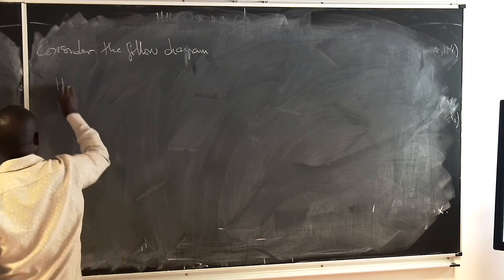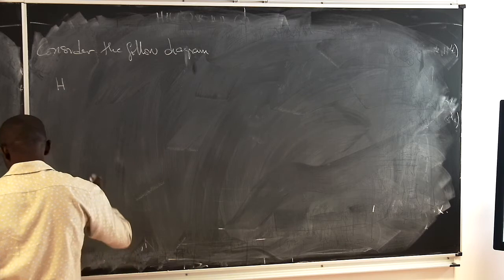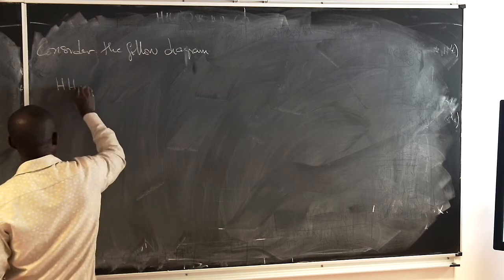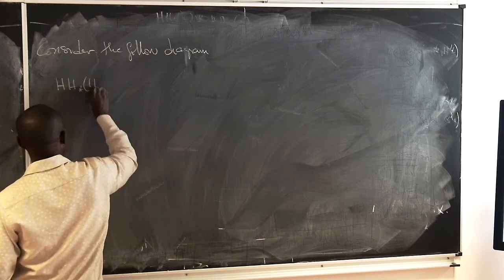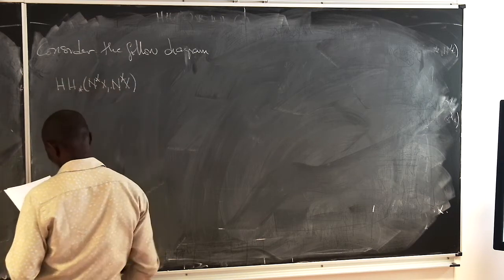Here we have the Hochschild homology of Nx, normalized angular quotient with the coefficient in that normalized angular quotient.